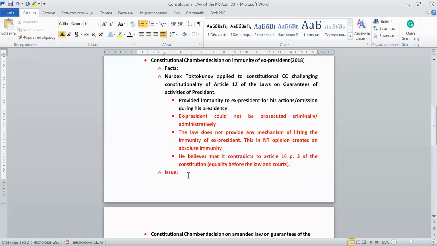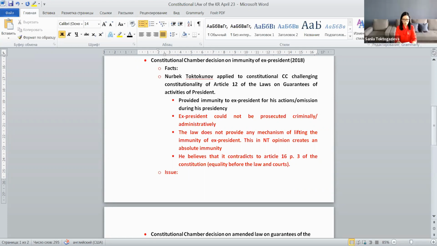Yes, whether Article 16 of the law on guarantees of the president contradicts Article 16 of the Constitution. Is it Article 16 of the law? No, you said Article 16 of the law on guarantees. Is it Article 16? Article 12.